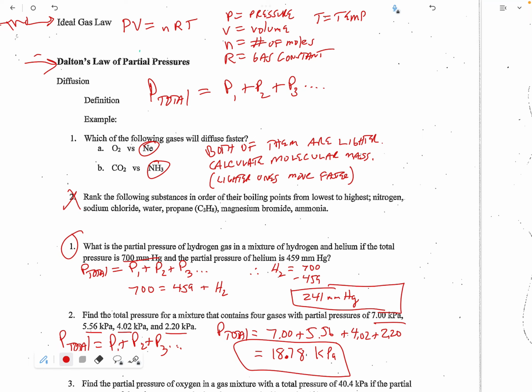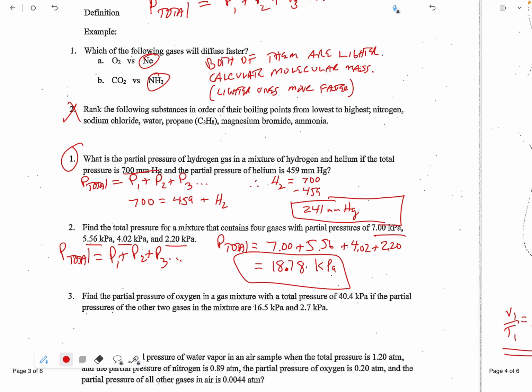You have 459 millimeters of mercury as the partial pressure of helium, and you're trying to find the partial pressure of hydrogen. Simply subtract the helium partial pressure from the total pressure, and that'll give you the partial pressure of hydrogen. Total pressure is just a sum of all the smaller pressures. So if you're trying to find the total pressure, like in number 2, then add up all the smaller partial pressures, and that'll give you your total.